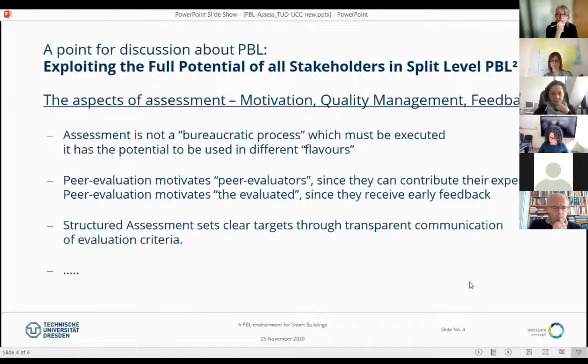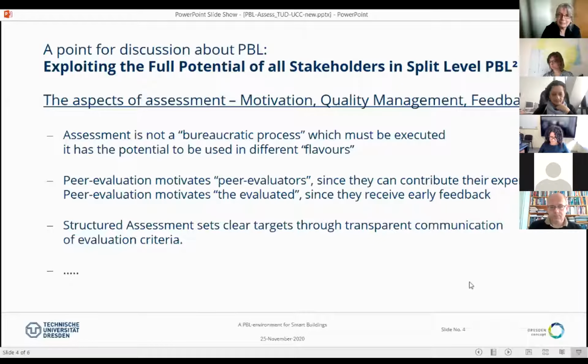But it also allowed us as lecturers to exploit these capabilities and to provide continuous quality management in the course. The bachelor students got much faster feedback, more in-depth feedback, and it kept the motivation of both student cohorts much higher in that project, and they also really had to interact with each other.